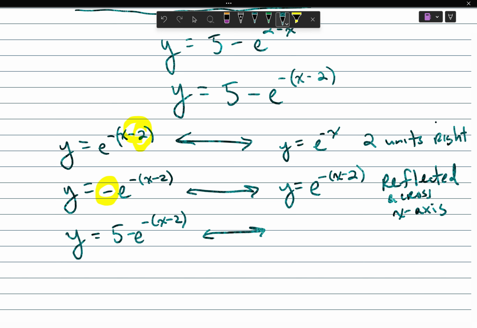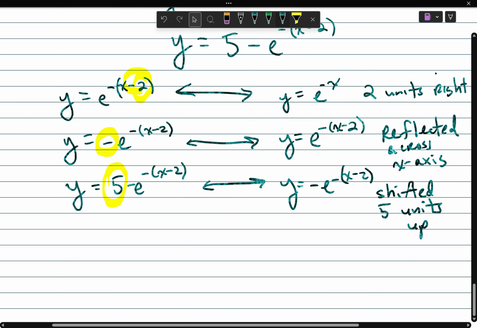That is the graph of y is equal to negative e raised to the negative quantity of x minus 2, shifted 5 units up. And how do we see that? Because of the value outside of the function.